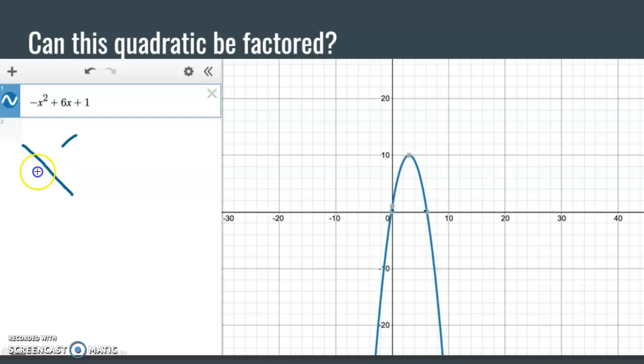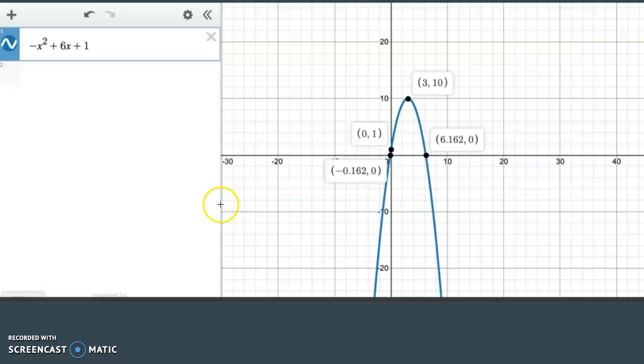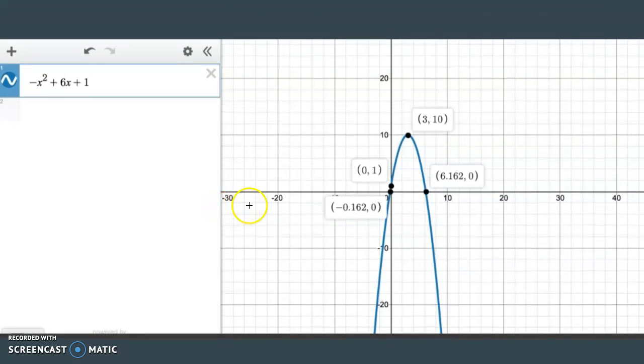But let's think about it from a factoring standpoint. If I needed a -1 here and a 6 here, there is no way that's going to happen, right? I can't multiply two numbers to get 1 but add them to get 6. It's just not going to work. So let's look at the key points in Desmos. Like we said, close to 0, but that's not a number I'm familiar with. Neither is 6.162.